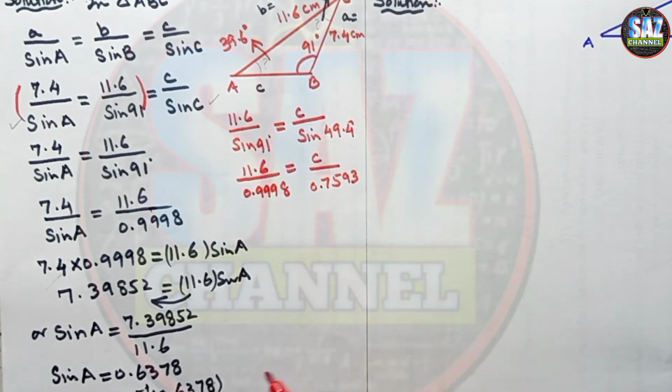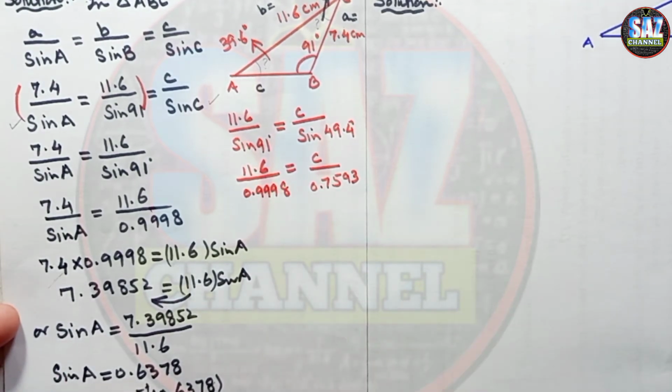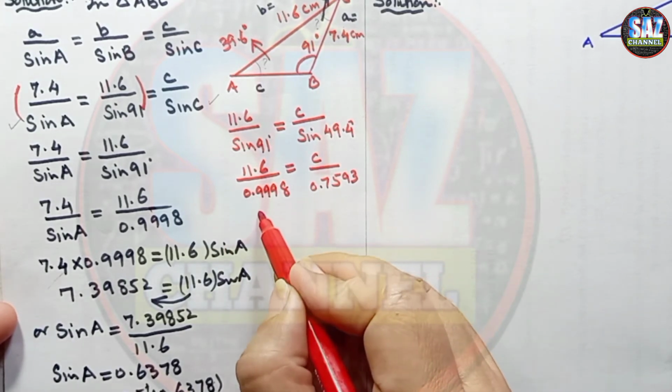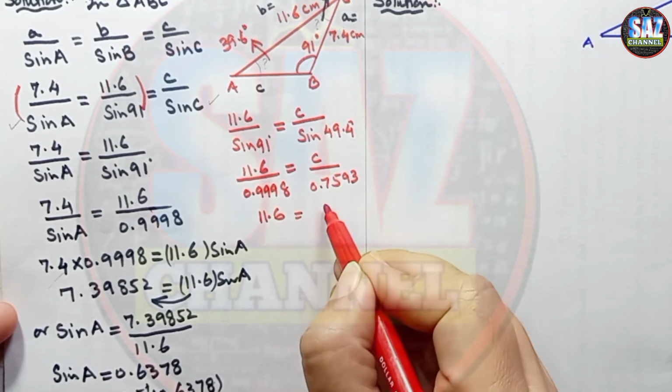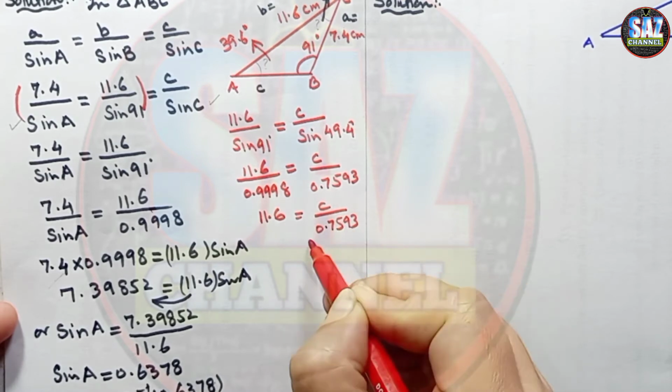Now what we have to do, we have to divide 11.6 divided by 0.9998. This gives me 11.60. 11.6 equals to C upon 0.7593.